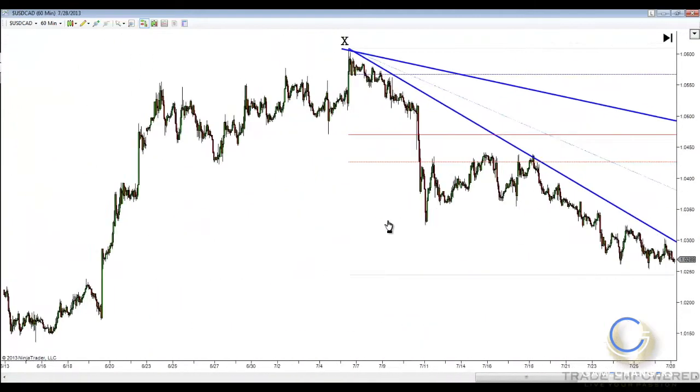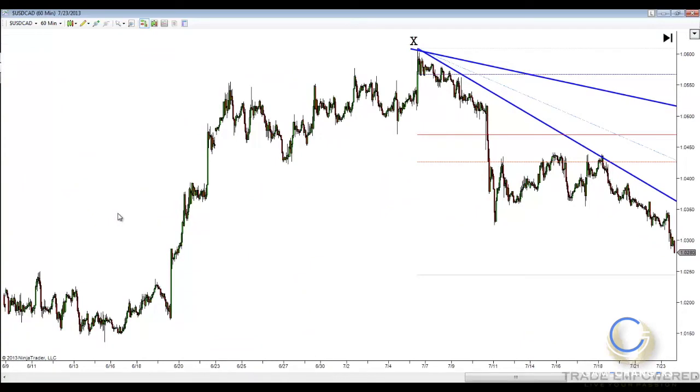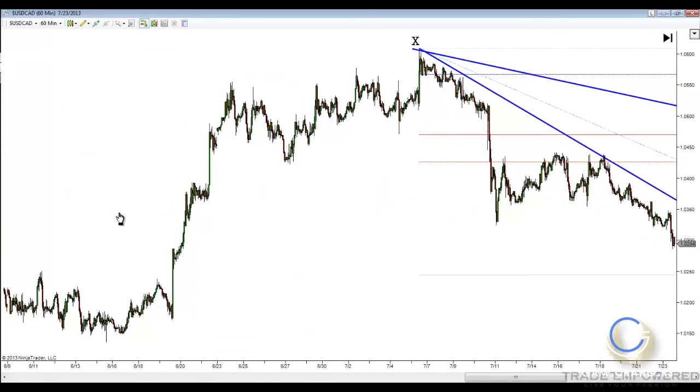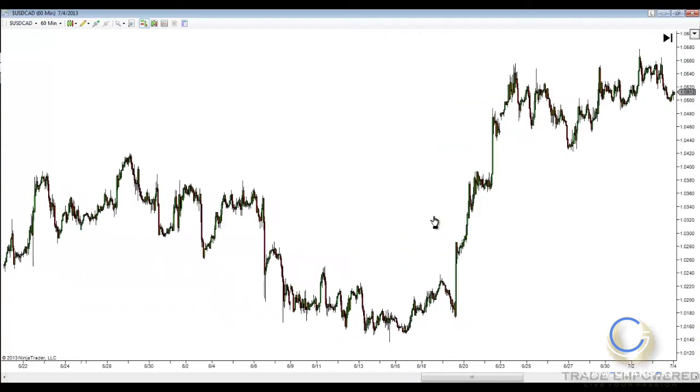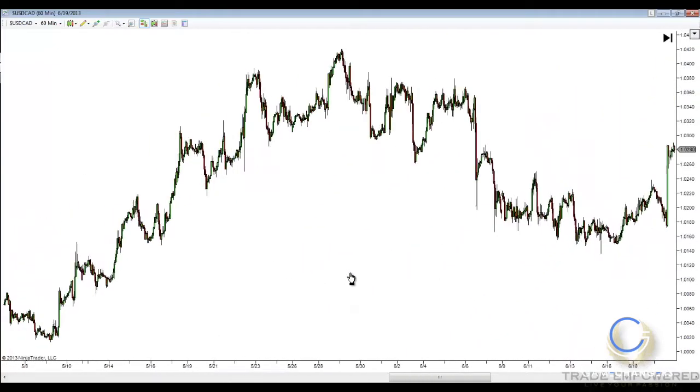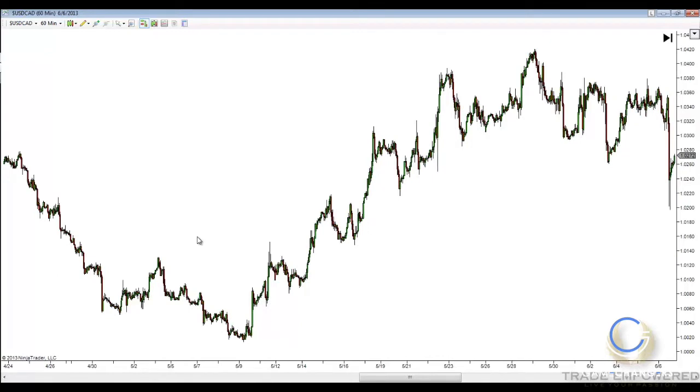But let's see if we can find a bullish one. A little difficult because these markets have been trending the same way for so long. Nope.